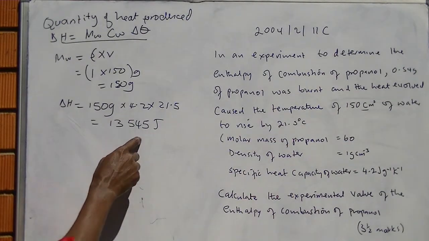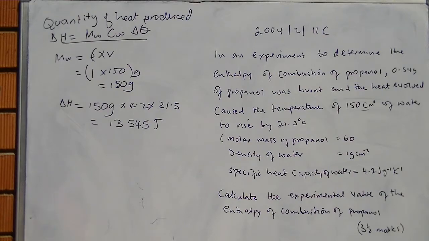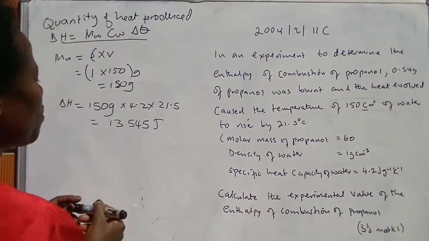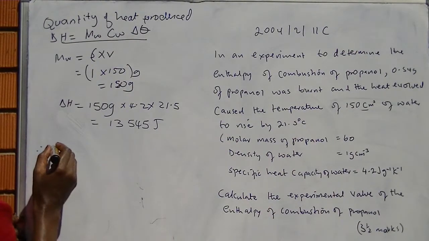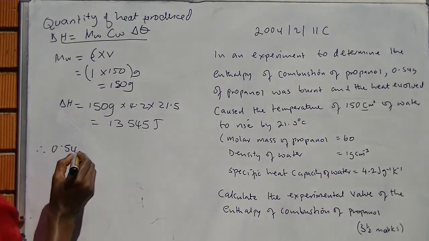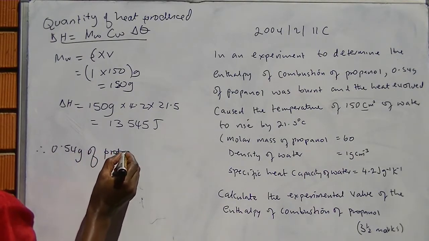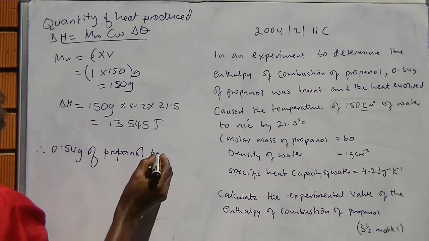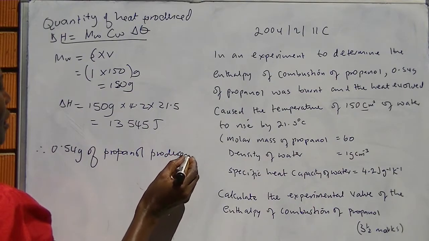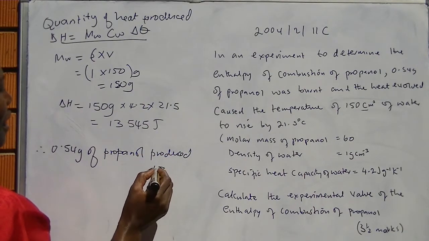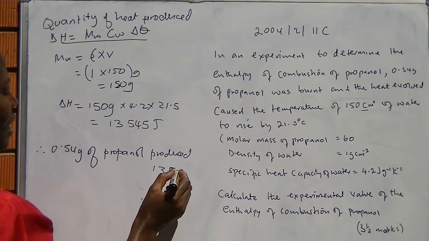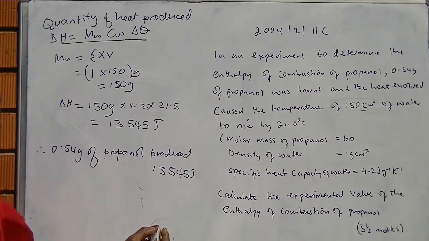So this quantity of heat was produced by how much? By 0.54 grams of propanol. Therefore, 0.54 grams of propanol produced 13,545 joules of heat.